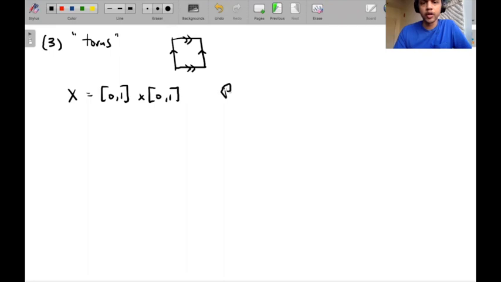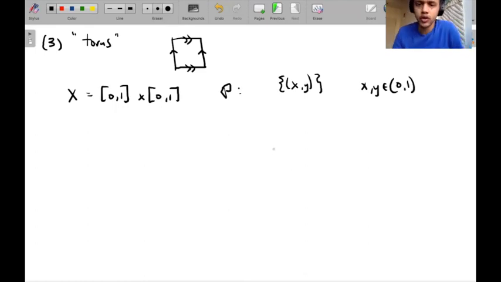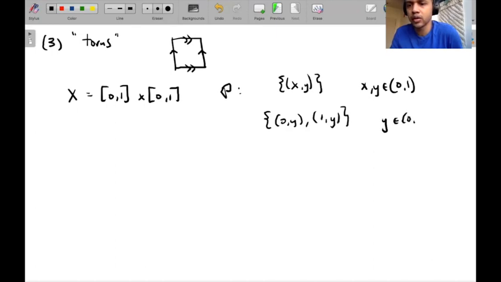And the partition: there's a singleton {(x,y)} for every pair (x,y) where they're both within the open interval (0,1). And then the gluing instructions: first we glue the left edge to the right edge, which is to say that the point (0,y) is identified with the point (1,y) for every y in [0,1].